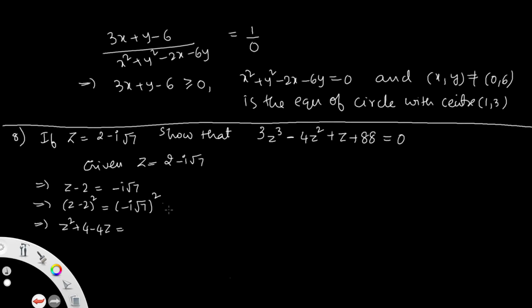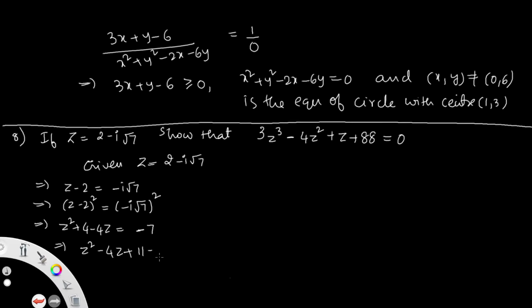Minus into minus is plus, i² is -1, and (√7)² means 7. So that is -7. Understood? Minus squared means positive, i² is -1, root 7 squared is 7. So now you get z² - 4z + 11 = 0.